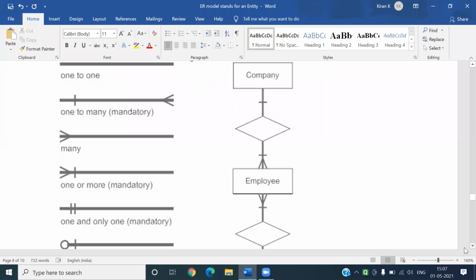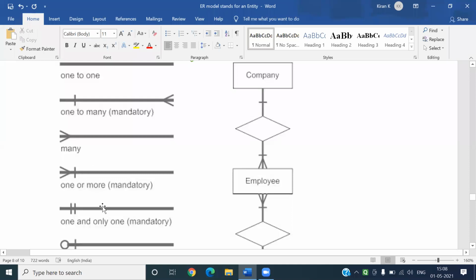One-to-one is shown with a single line. One-to-many is shown with a crow's foot. Similarly, many-to-one and many-to-many.